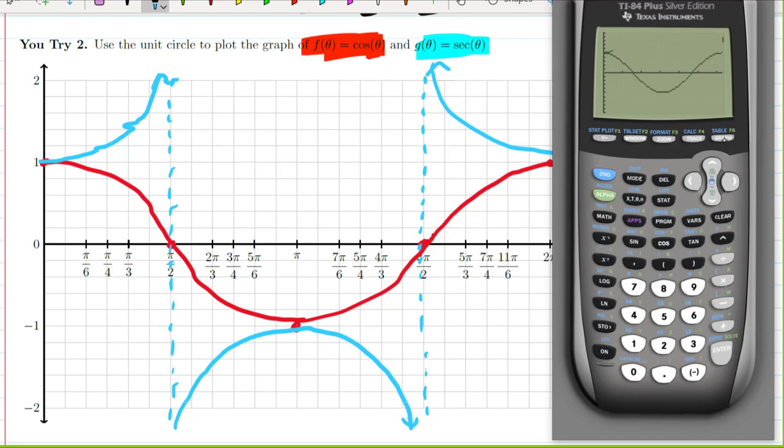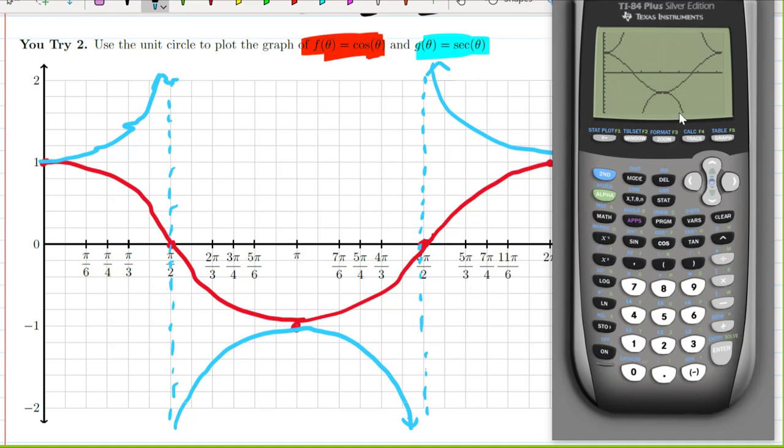And so there's our cosine, just like we saw, and then here are our little chunks of secant coming in, and we have our vertical asymptotes occurring at the zeros of cosine, as we thought.